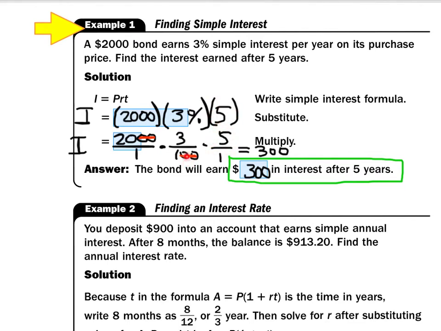And notice why I did that. I can cross cancel the 100 and the 2,000. That becomes 20 and 1. And so then I just multiplied. 20 times 3 is 60, and 60 times 5 gives me 300. And 1 times 1 times 1 would just be 300 over 1, which is just $300 in interest after 5 years.